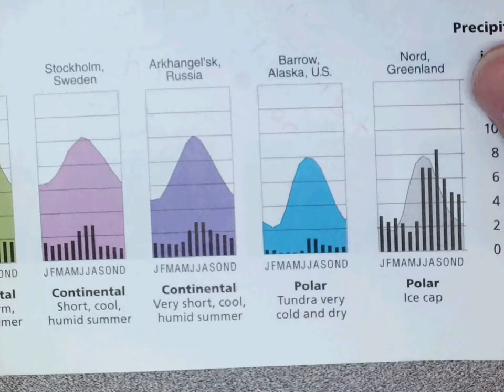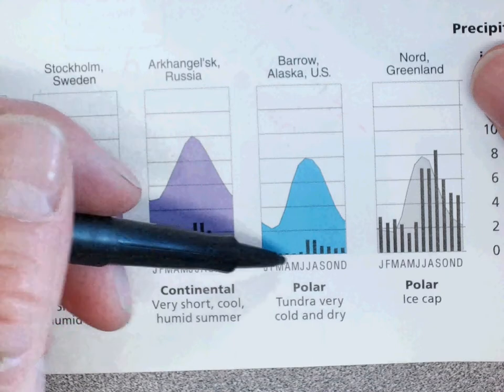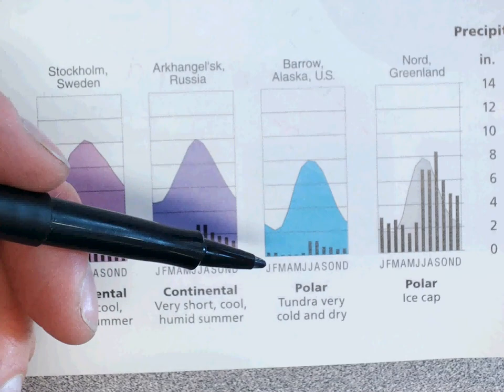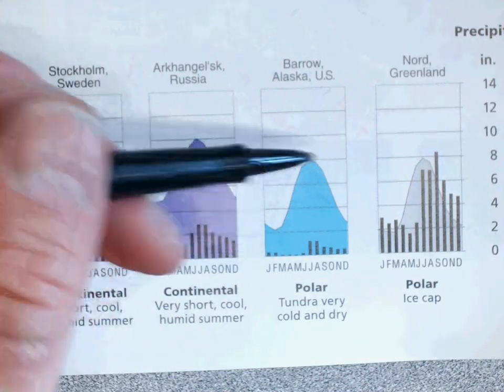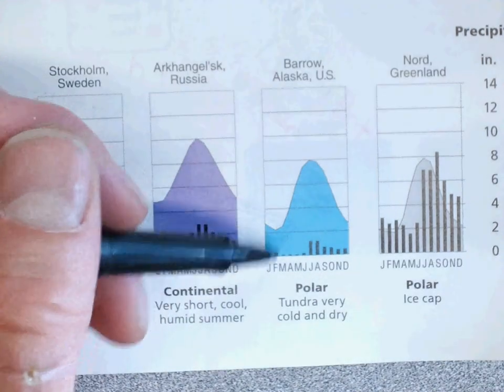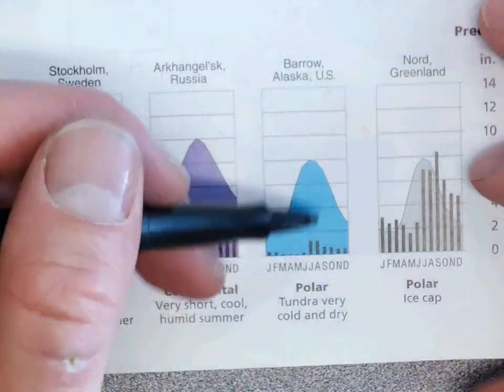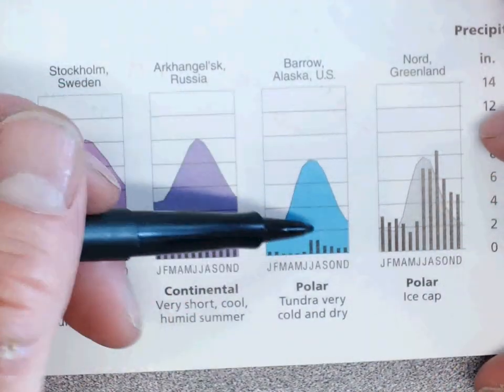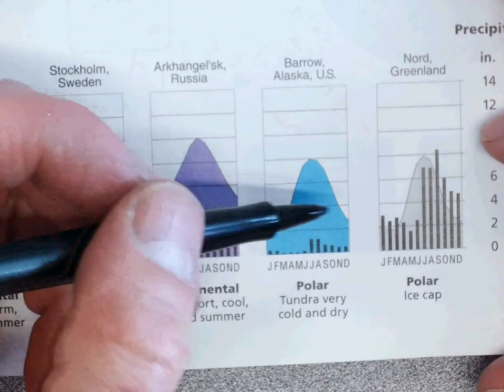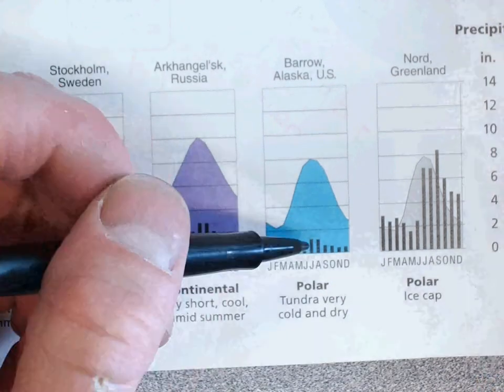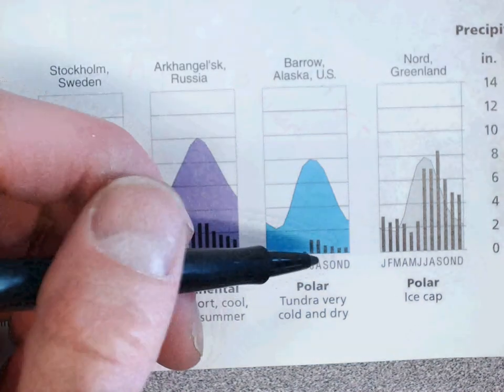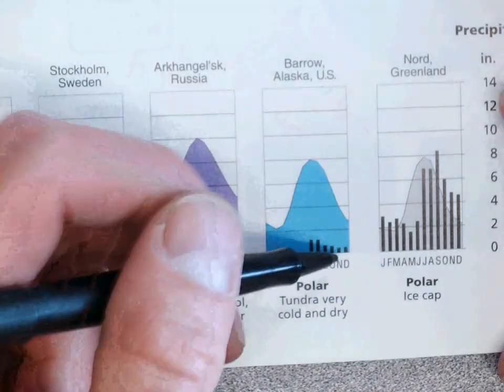We also see for Barrow that it's very cold and dry, because it's in that northern area where cold air can't hold a lot of water, so it's pretty dry up there. Throughout the year, in the summer it's a little bit wetter as the temperatures start to warm up, but in the winter it's pretty dry.